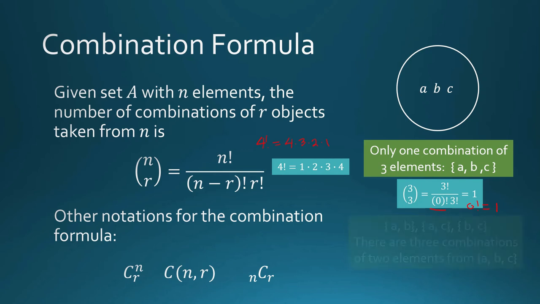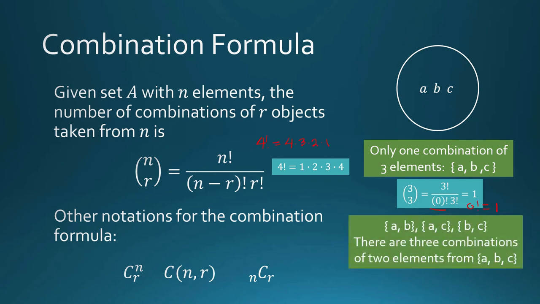How about picking a combination of 2 objects from a set containing 3 elements? There are only 3 combinations of 2 objects taken from this set, and applying your formula, this is how it's going to be. That's 3 factorial, and then 3 minus 2 is 1, so 1 factorial divided by 2 factorial.